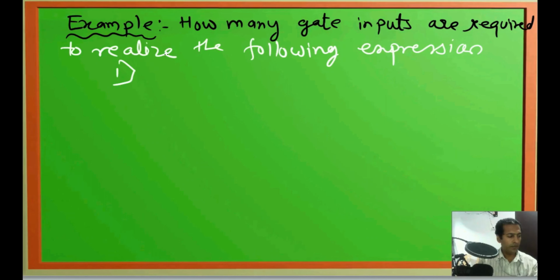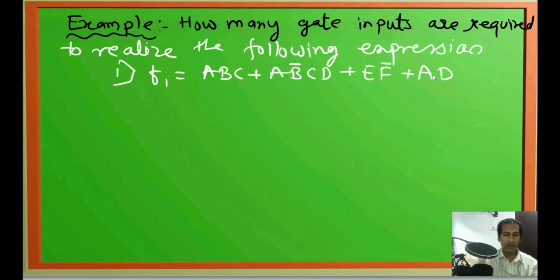Number one is F1, given as ABC plus A B bar CD plus EF bar plus AD. First let us solve this first one, then we will see the second one also.